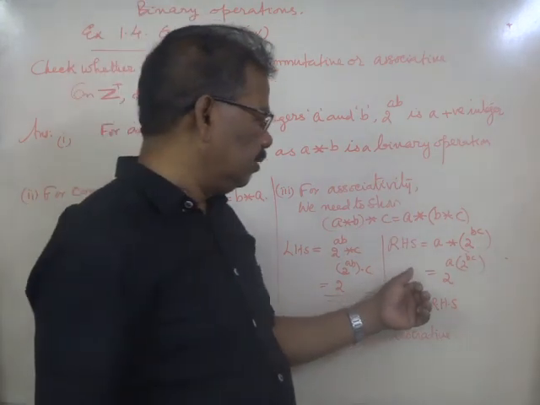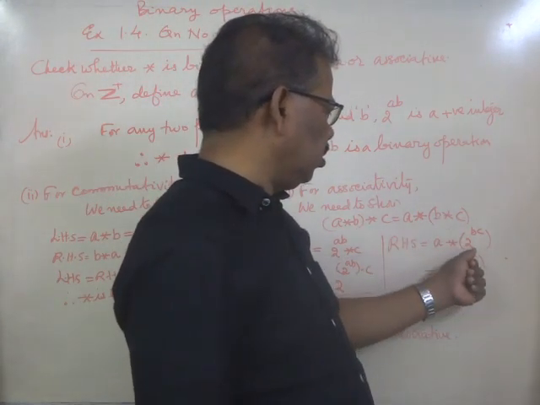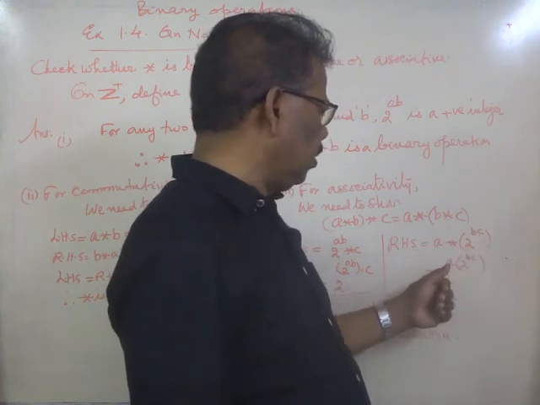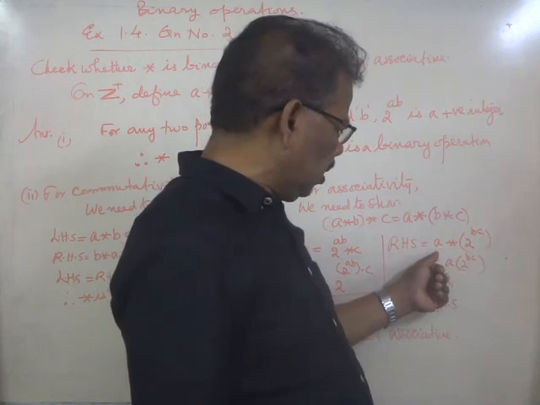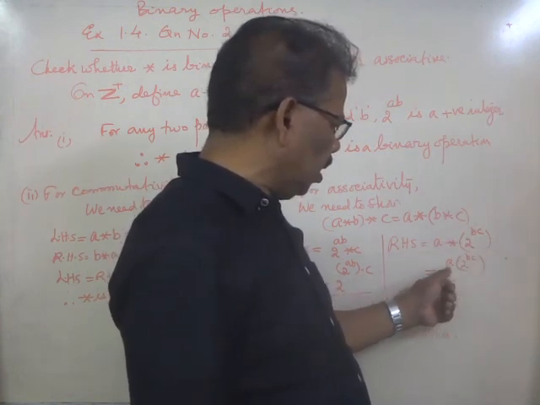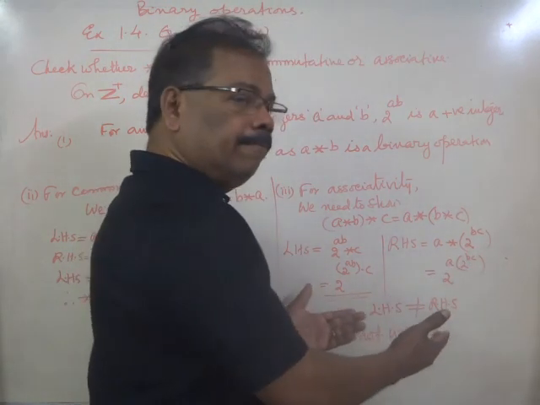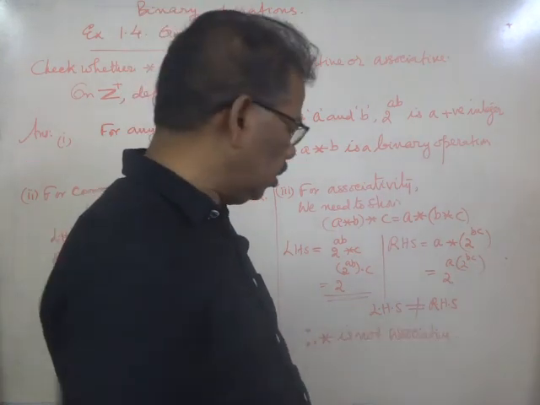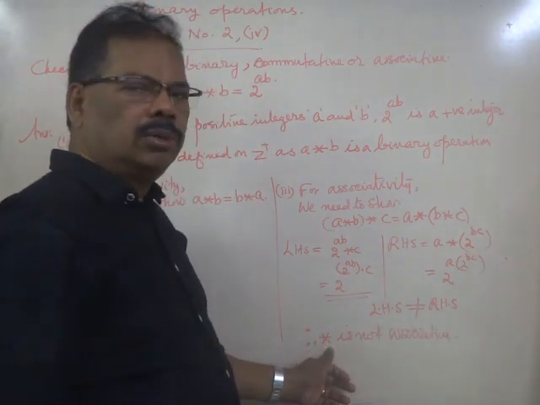Regarding the right hand side, it is a star (b star c). b star c is equal to 2 raised to bc. When operated with a, star 2 raised to bc becomes 2 raised to a into 2 raised to bc. Left hand side is obviously not equal to right hand side. Therefore, star is not associative.